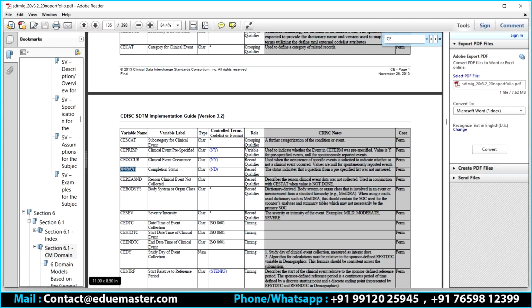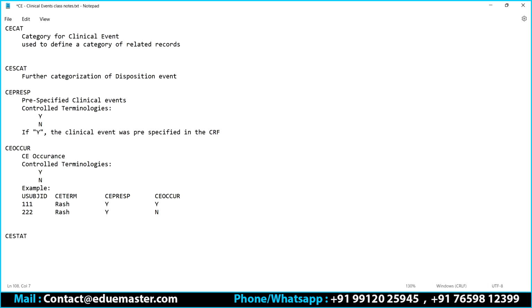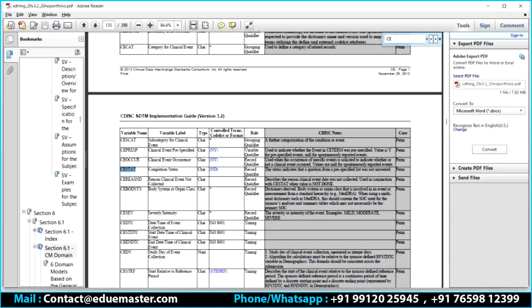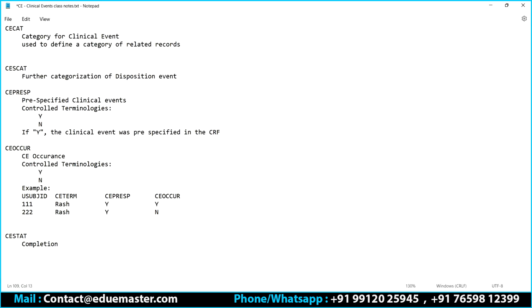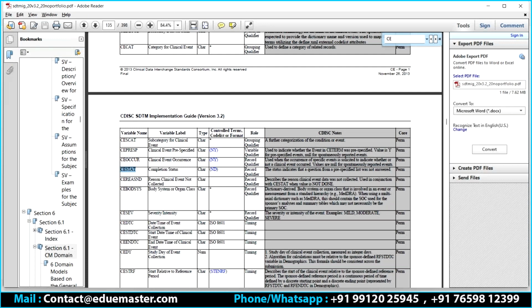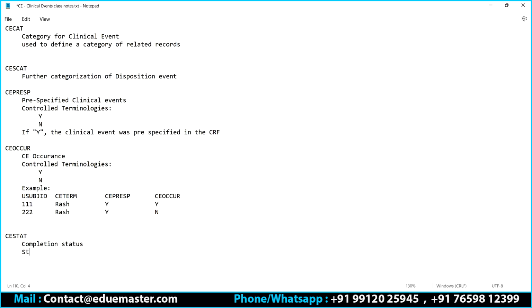Right? The next one is going to be CE stat. The name itself tells you what CE stat is: completion status. Done or not. Only two things. That is, you have collected all the things or not, that is, whether all the questions in the pre-specified list are answered or not.